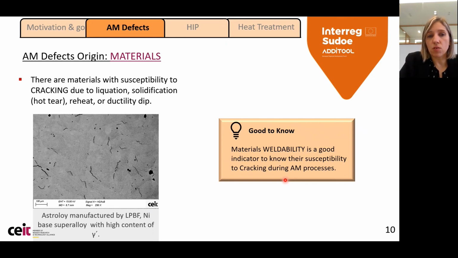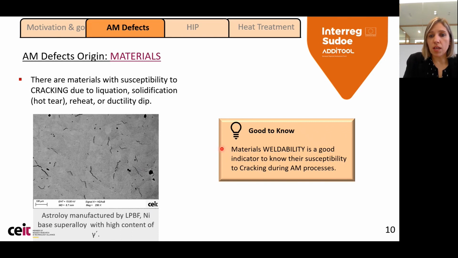Another type of defect that we can find in AM materials and that is related to the material itself is crack formation. This is very typical in nickel-based superalloys with a high amount of gamma prime. In this case, we have an example again for Astroloy nickel-based superalloy, but we can find the same, for instance, for CM247 or other nickel-based superalloys of this family.